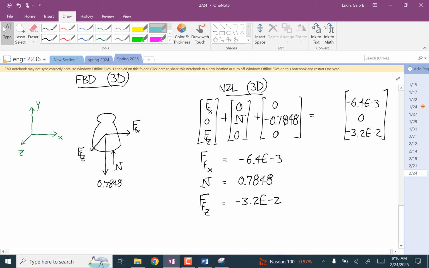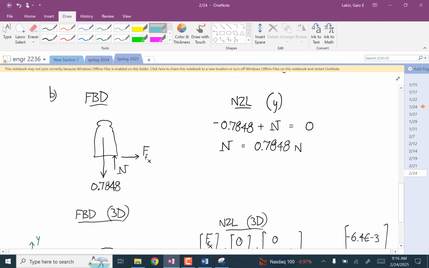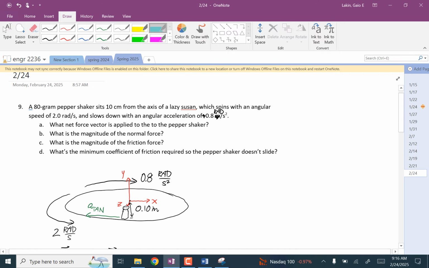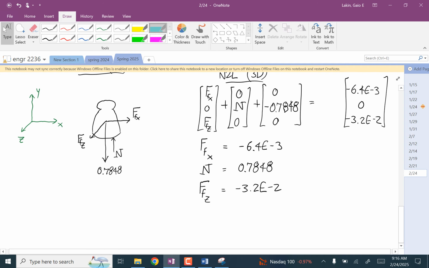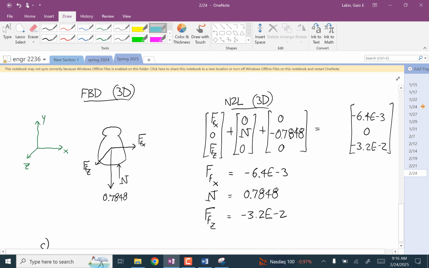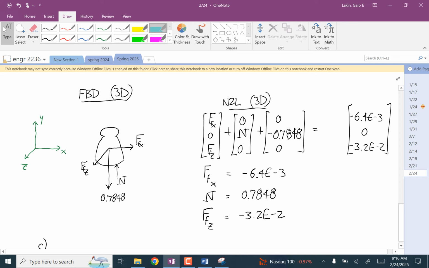Any questions about that? And then the last, not the last. What's the magnitude of the friction force? From that three-dimensional calculation, we have that. Should that be the force from the acceleration, and then the friction is going in the opposite direction?